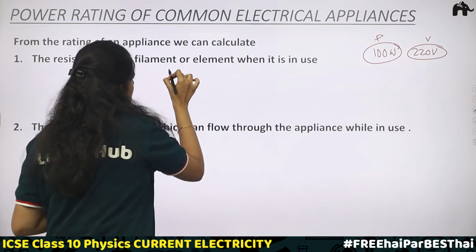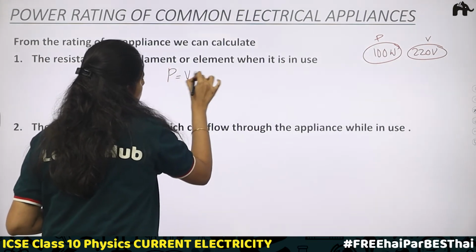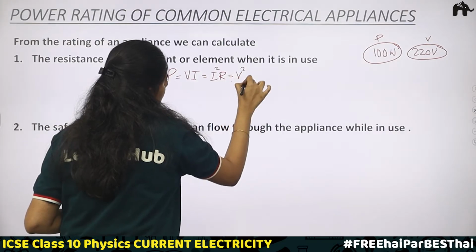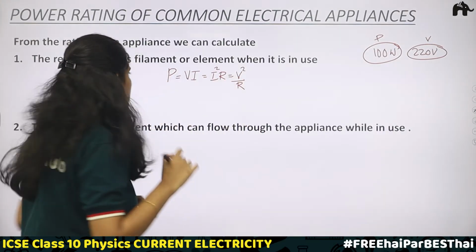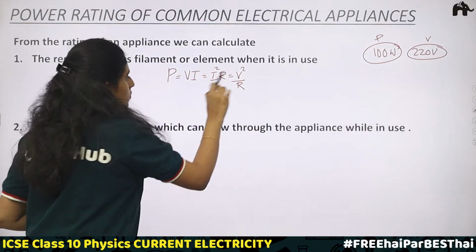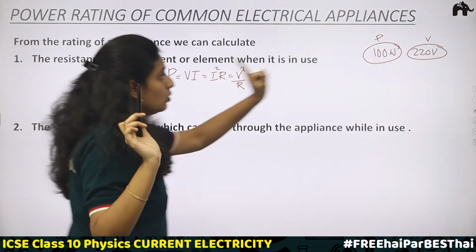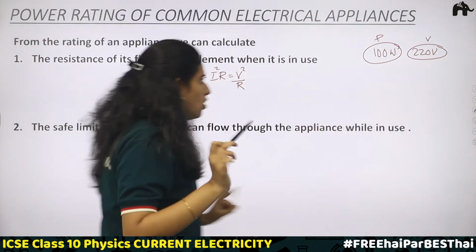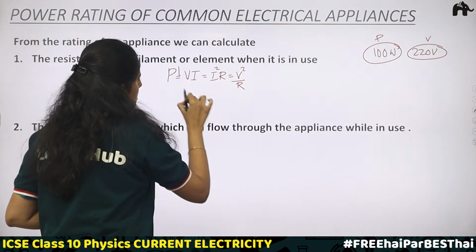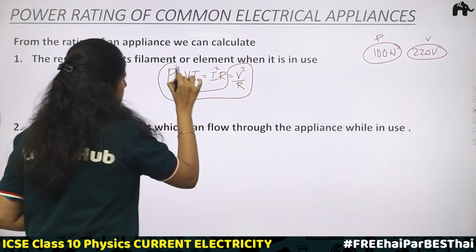We have studied some relations for power. Power P is equal to V into I, equal to I square R, equal to V square divided by R. Now, if you need to find the resistance, we have to take a relation in which resistance is included. We know the power and the voltage rating, so in this case, voltage, power and resistance. This relation can be used.